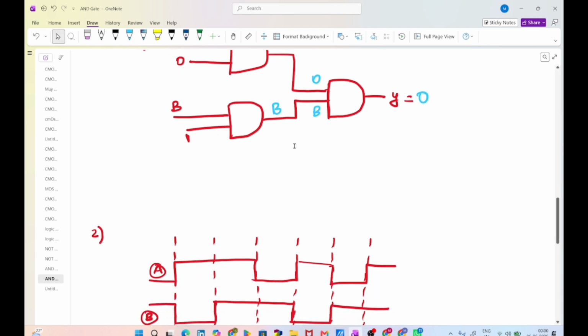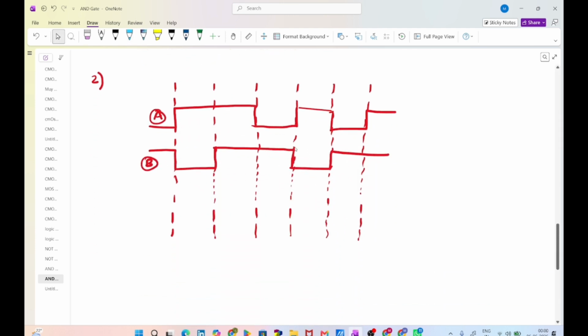Here we need to draw the timing diagram, that means the waveform. We know that the output will be A dot B. The output will be 1 when both the inputs are 1. Where one input is 0 and the other is 1, the output is 0.